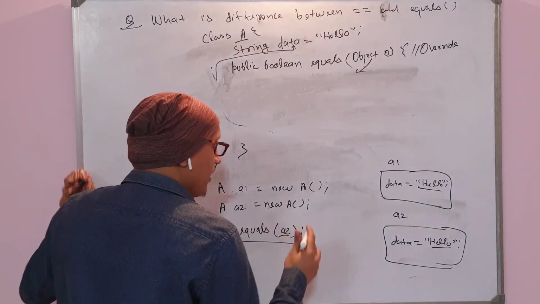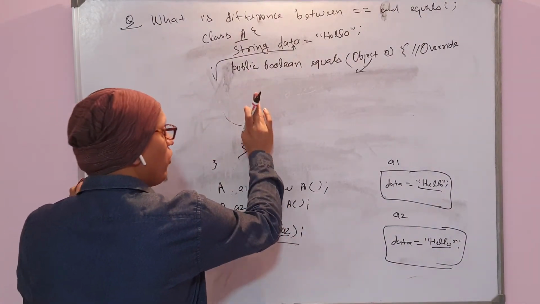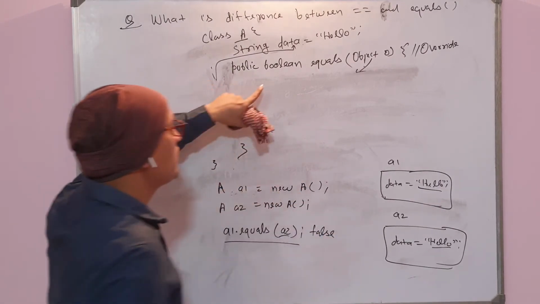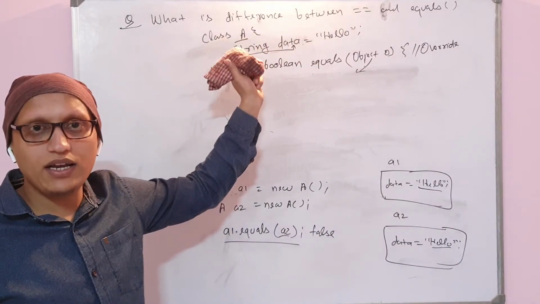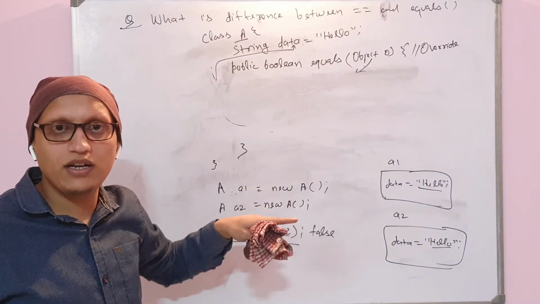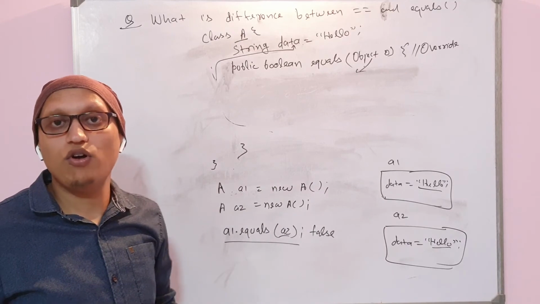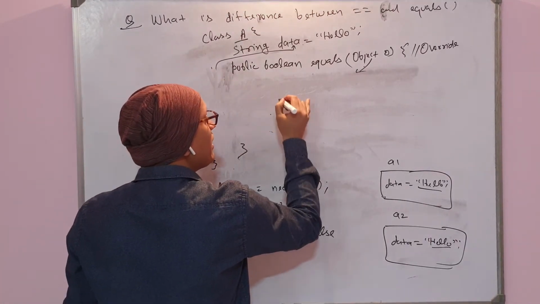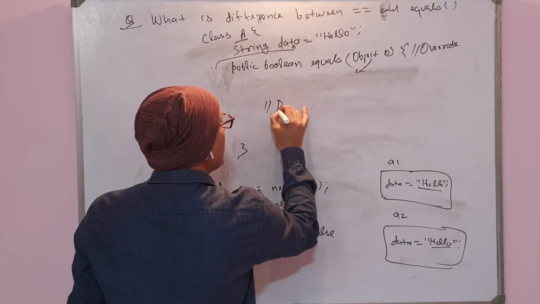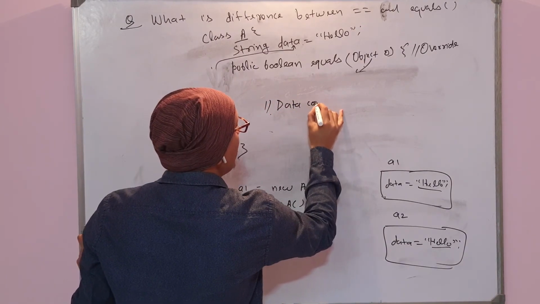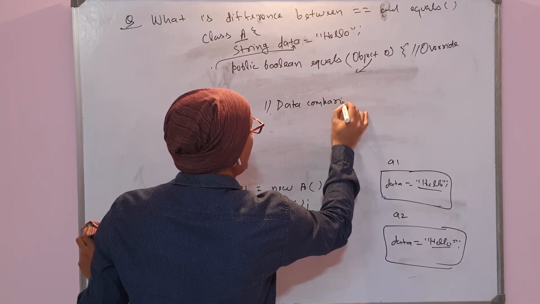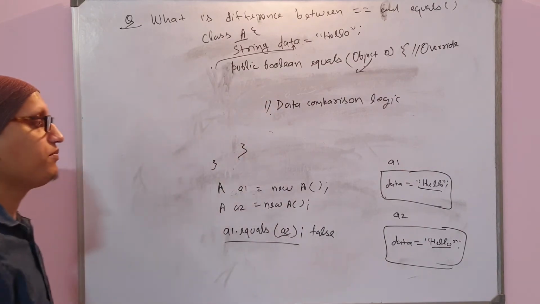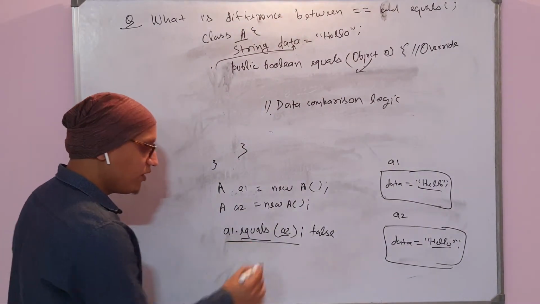So this will be false, because this is inheriting the equals method of the Object class, and the Object class equals method compares using the double equal operator. So here you need to make your own data comparison logic, so that this equals method will work perfectly.